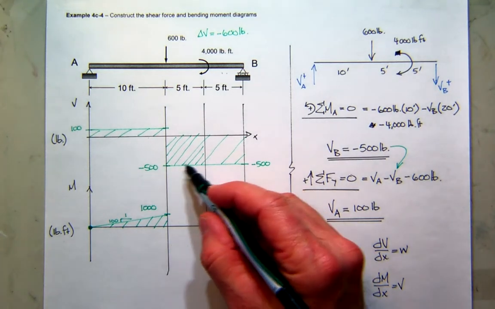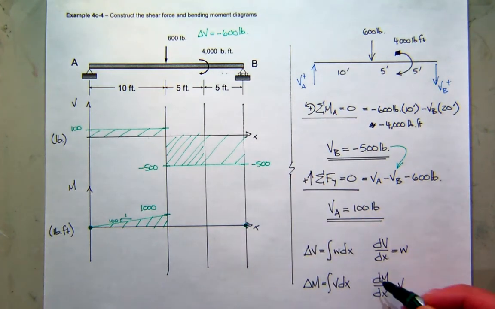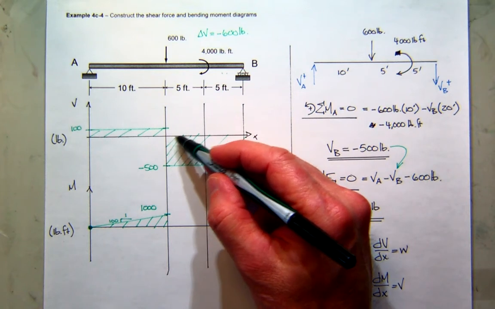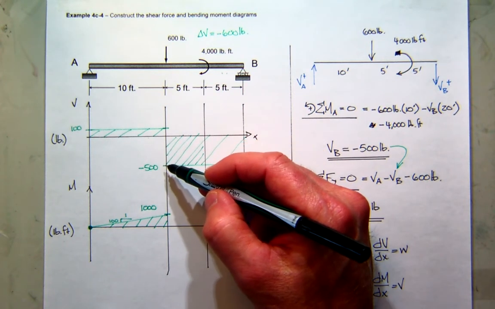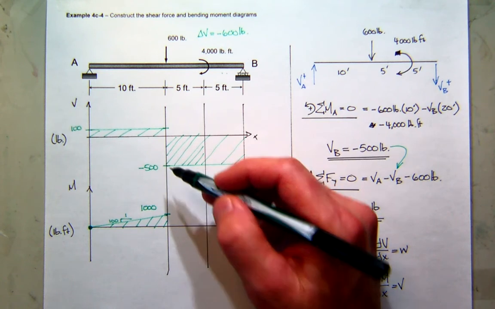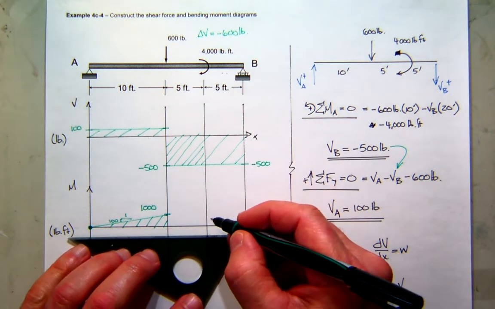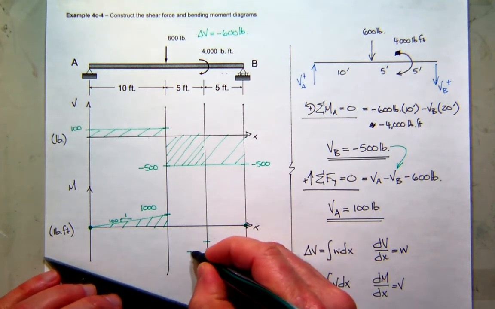Now over the next 5 feet, this double hatched area here, the change in moment is the area of that part of the curve. What's the area of this part of the curve? Well, it's a rectangle again, so the base is 5, the height is minus 500. So that's negative 2,500. So 1,000 minus 2,500 is negative 1,500.